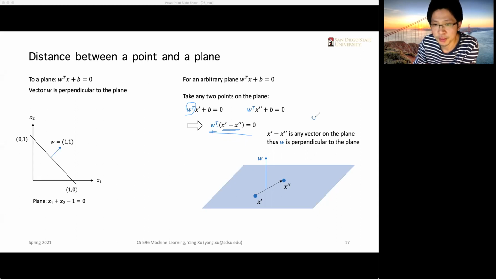So of course you can write W dot X prime minus X prime prime.